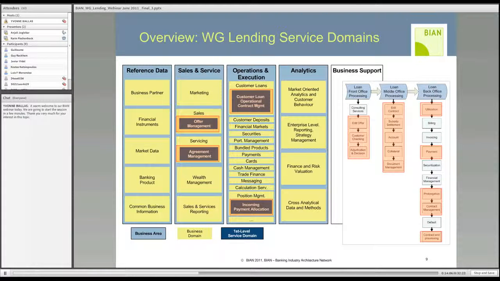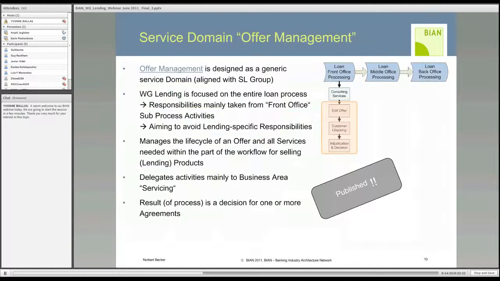If you look at the screen, there are a few service domains already highlighted. Like I mentioned, you have offer management, agreement management, customer loan operational contract, and incoming payment allocation. These were the initial service domains that we worked upon. Talking about the first one, that is offer management, it involves definition of services around the entire life cycle of the offer.